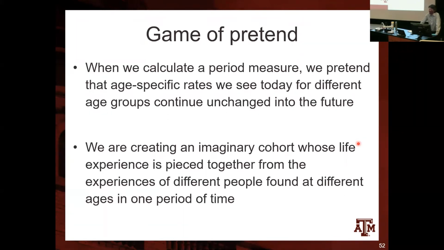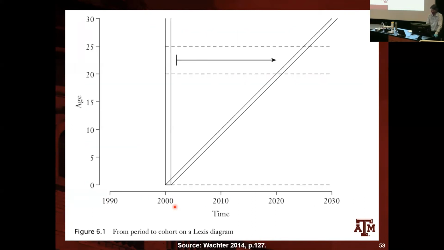So when we calculate a period measure, the vertical column, the vertical representation that we saw in the graph, we pretend that age-specific rates we see today for different age groups continue unchanged into the future. We are actually creating an imaginary cohort whose life experience is pieced together from the experience of different people found at different ages in one period of time. What am I saying here?